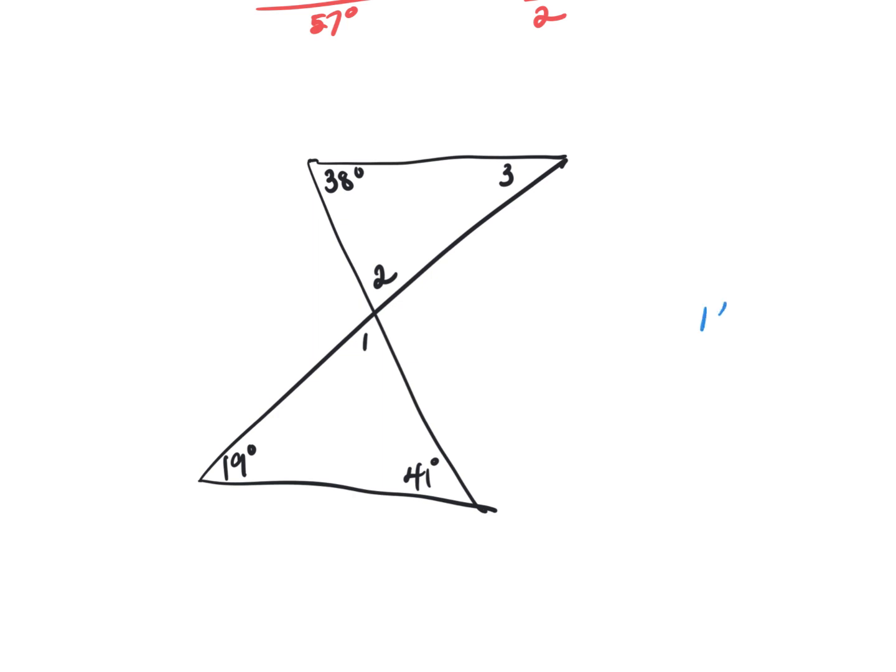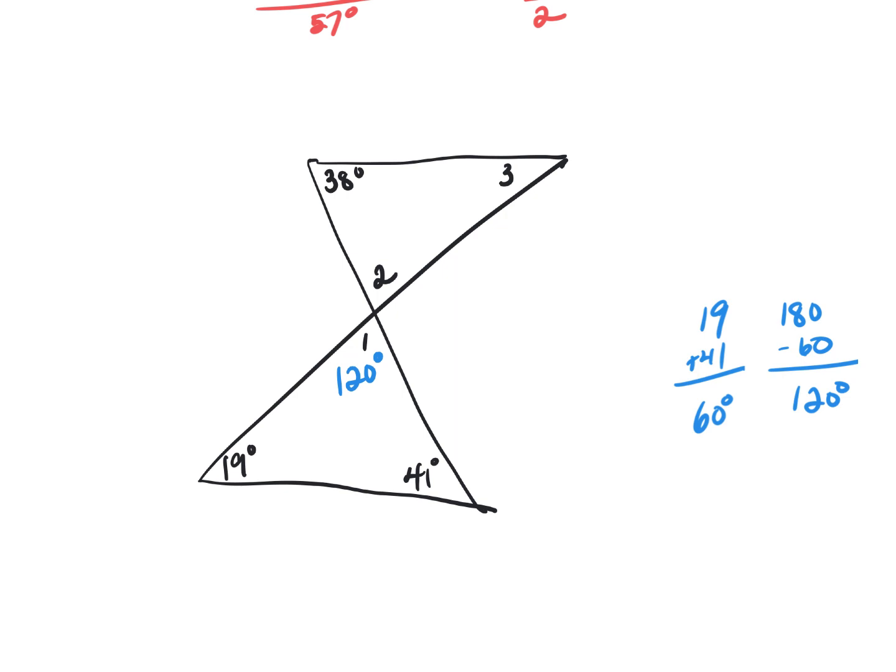So when I do 19 plus 41, I get 60 degrees. Okay, so that means with 180 degrees total, I subtract the 60 degrees that are there, that leaves angle 1 to be 120 degrees. So 120 plus 19 plus 41 is our total of 180.